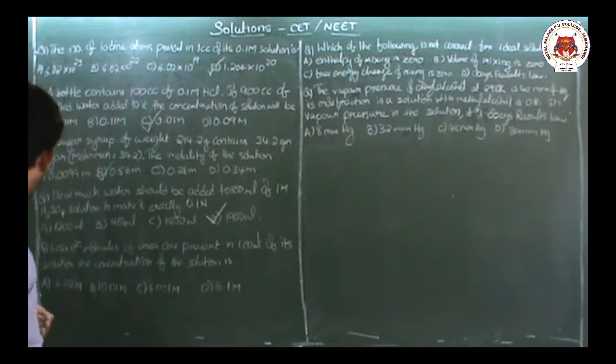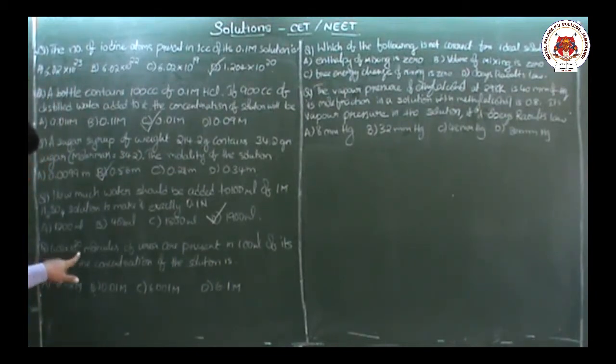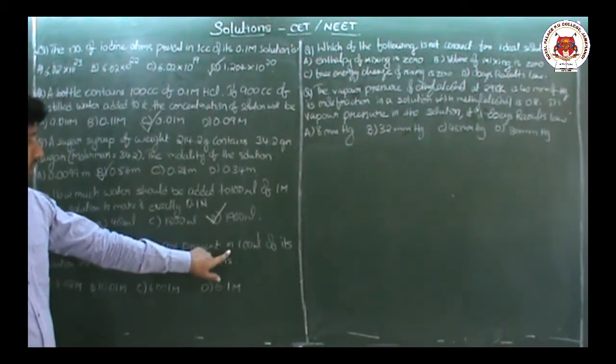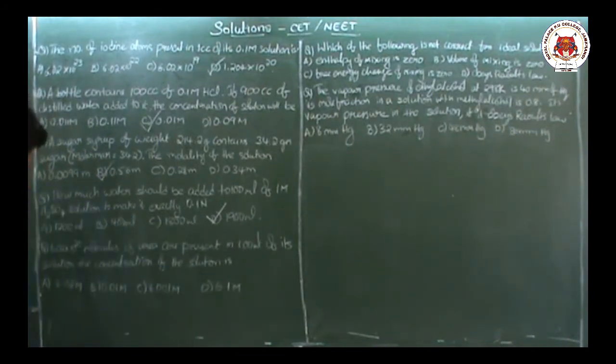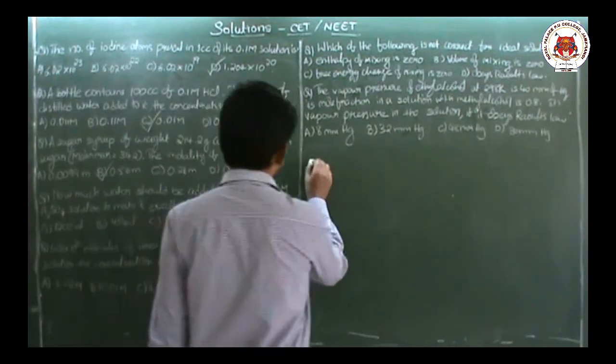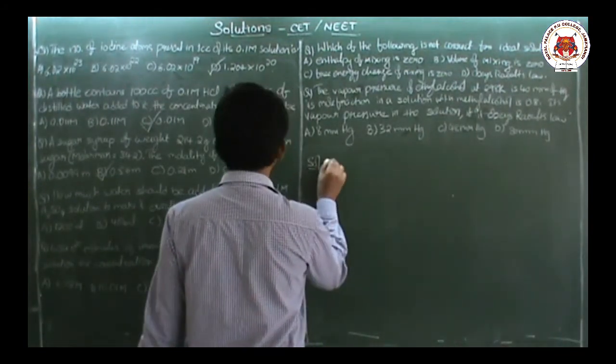Next question is, 6.02 into 10 to the power of 20 molecules of urea are present in 100 ml of its solution. The concentration of the solution is. So it is given how many molecules are present.